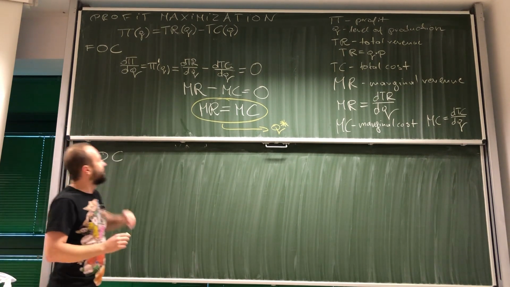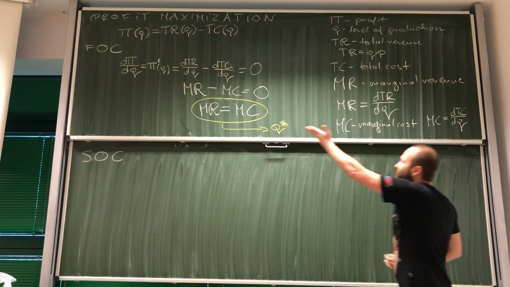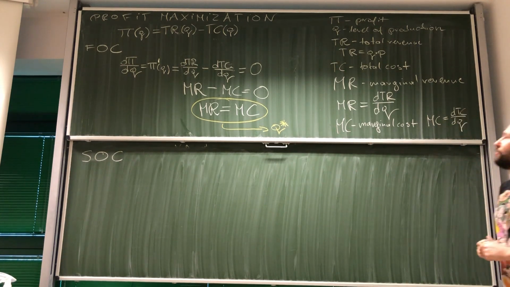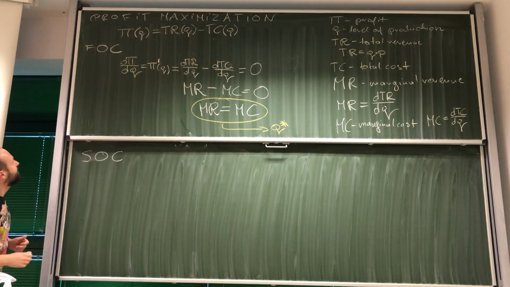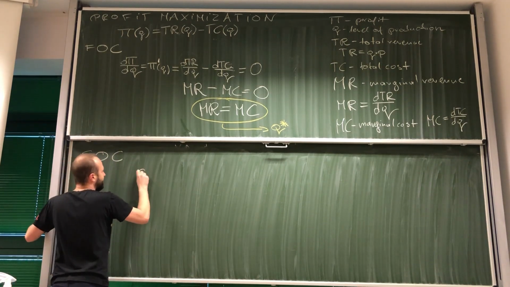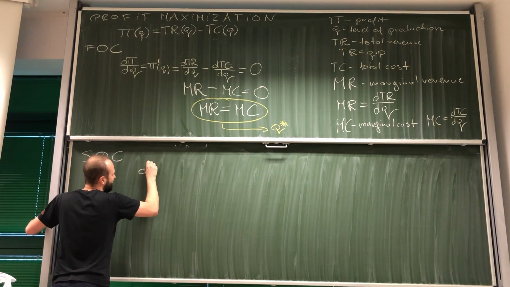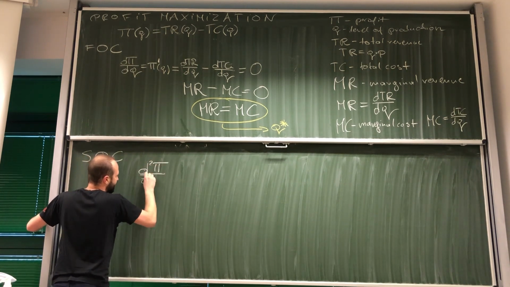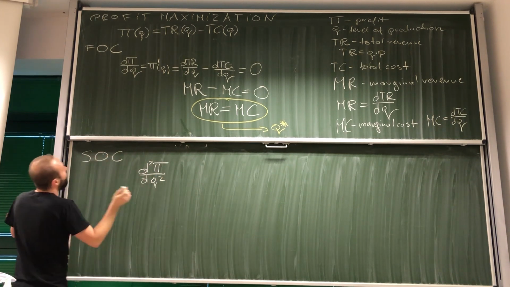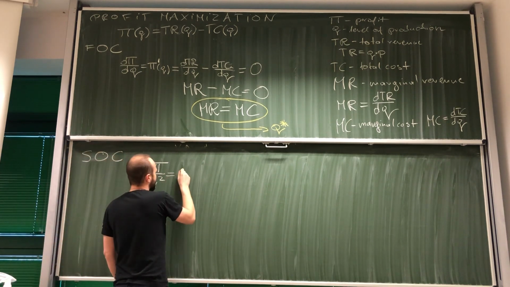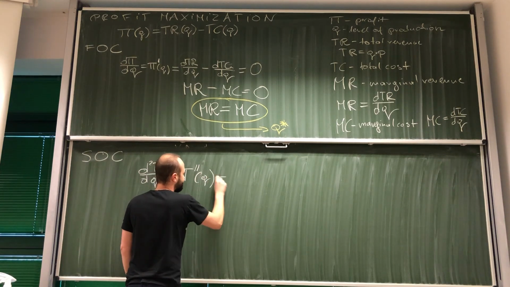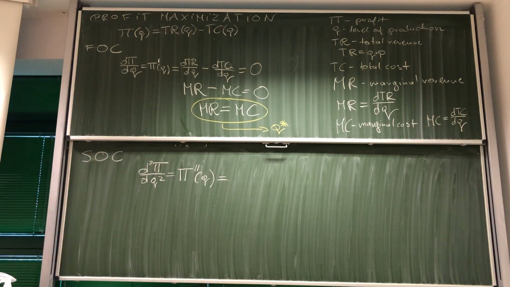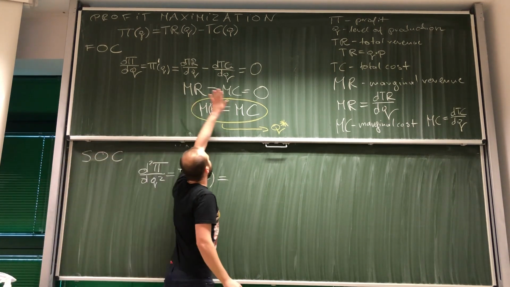So what do we do in the second order condition? Well, we need to differentiate the profit function for the second time. So we will have here d squared pi over dq squared, or what is exactly the same thing, pi double prime of q. Now we need to differentiate those expressions.